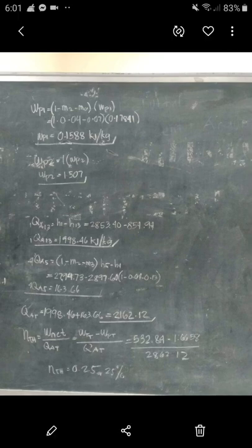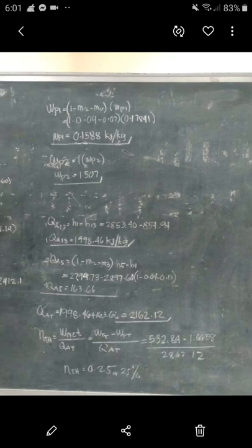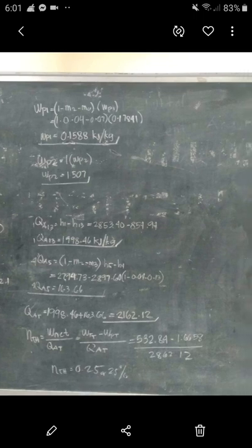So we have the efficiency for the ideal cycle. Answer is 0.25 or 25%.